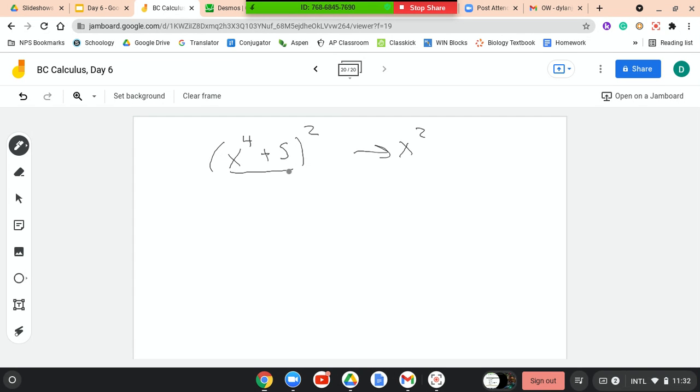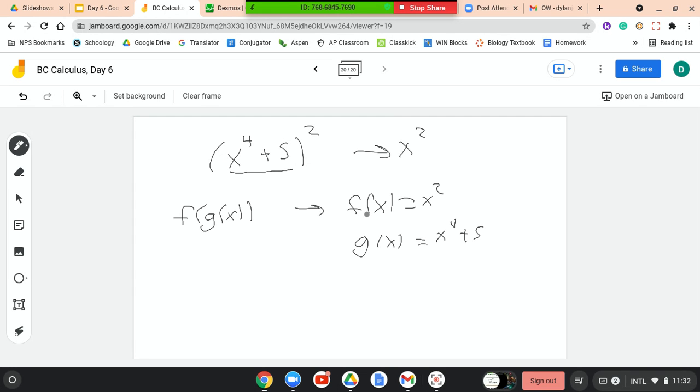So this is a function in the form of f of g of x, where f of x equals x squared, and g of x equals x to the fourth plus 5, because you're taking g of x and sticking it inside the f of x function. Do you guys see that?